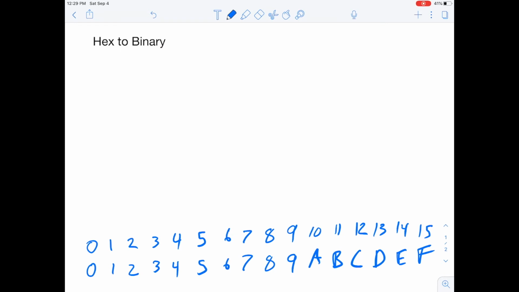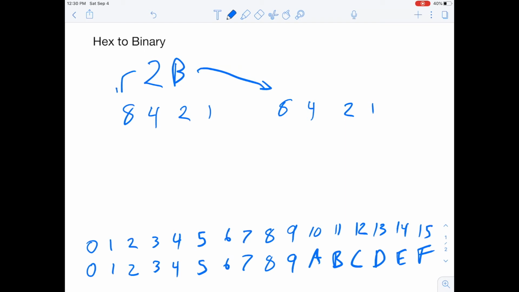Alright, let's try going from hex to binary. So hex 2B. What I'm going to do is break that up into 2 nibbles. So I like to put the place values above. 1, 2, 4, 8. 1, 2, 4, 8. And so I have my 2 nibbles, 4 binary digits each. This B is going to come over here, and I'm going to do the 2 right here.